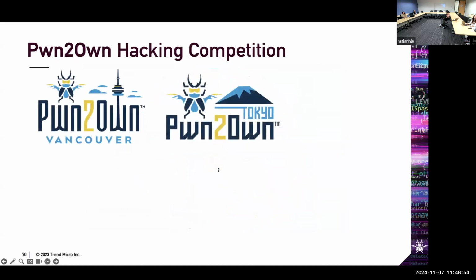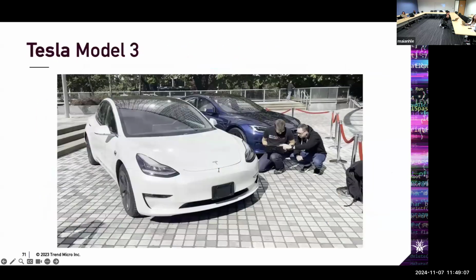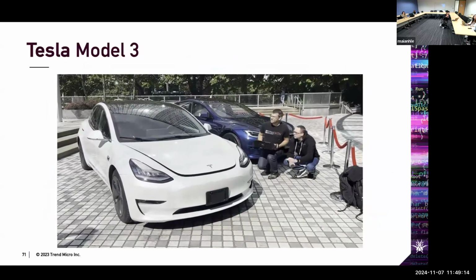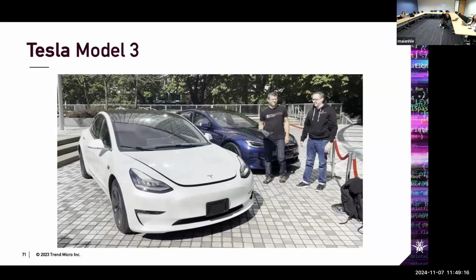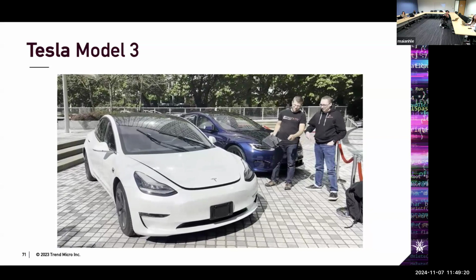We've got plenty of events with different themes and different focuses. Some are focused on enterprise software, some more on IoT, automotive, ICS. So this is some of the best hackers hacking a Tesla in Vancouver. You can see the Tesla windshield wiping in an erratic pattern, and they pop the trunk.